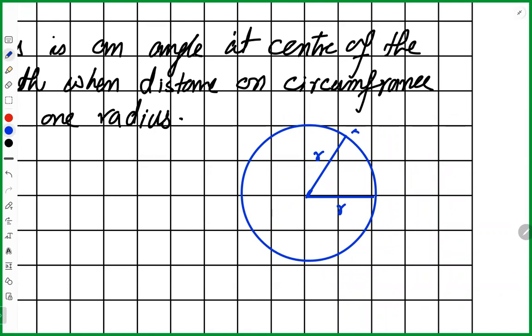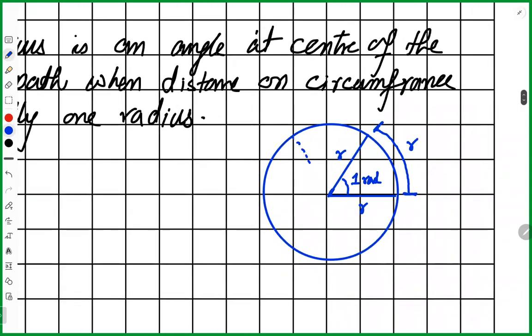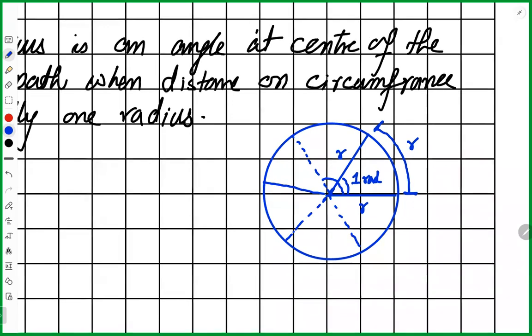And if this arc length is also 1 radius, then this angle is 1 radian. Now, if the arc length becomes 2 radius, the angle will become 2 radians. If the arc length becomes 3 radius, 3 radians, 4 radius, 4 radians, 5 radius. How many radius are there in a circumference?